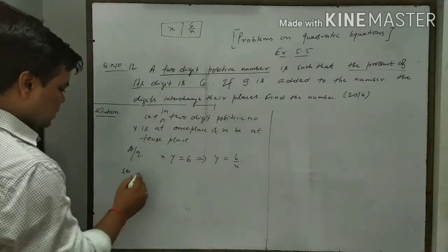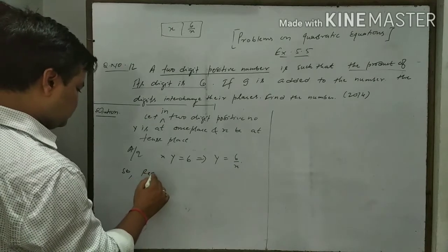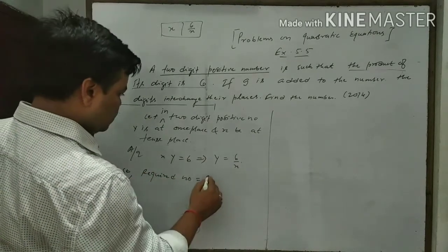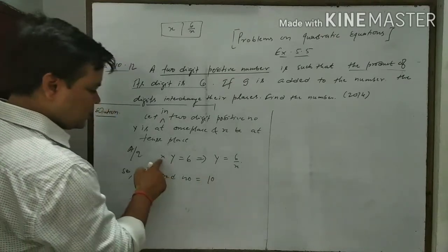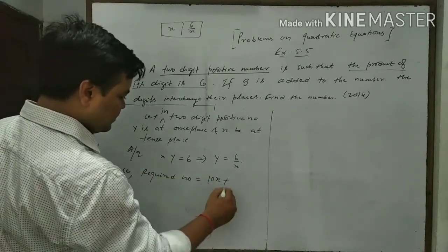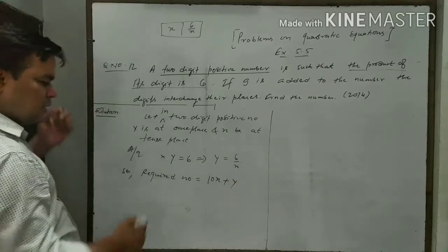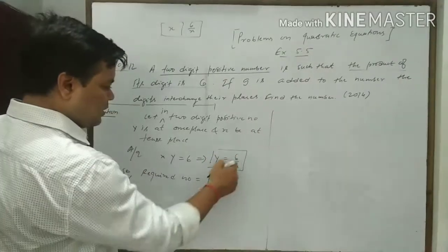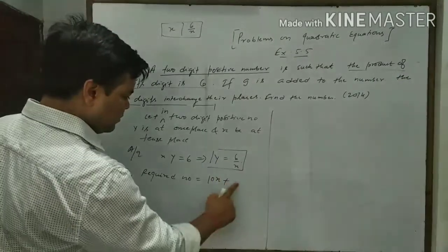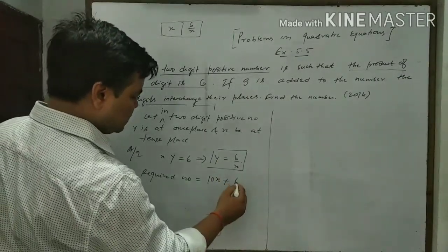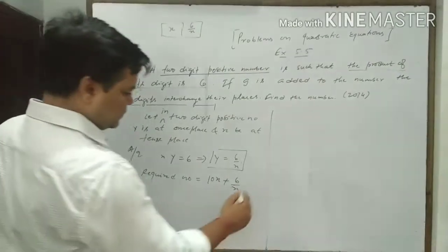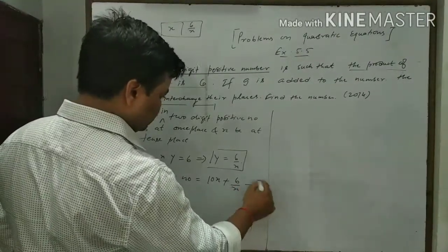So the required number is equal to 10x, this is at tens place, plus y. But what is the value of y? That is 6 upon x. Then it will be 10x plus 6 upon x. Okay. Let this be equation first.